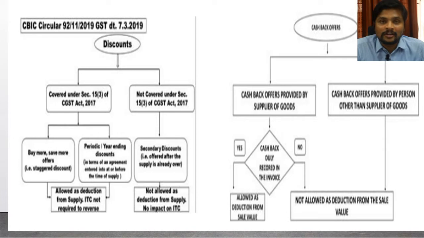So that condition again applies to this scenario. If the secondary discounts are already recorded in the agreement entered before the supply, the recipient has to reverse the ITC related to the discounts, and those discounts can be availed as an exclusion from the valuation. That is what this circular clarifies.